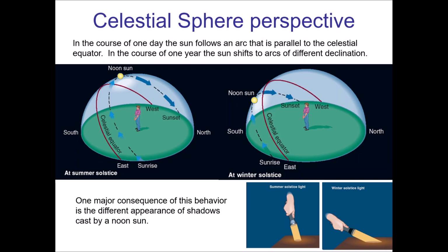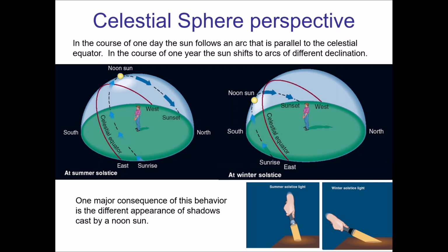Here is more of a celestial sphere perspective on what's happening here. So summer's on the left and winter's on the right. And again, you can see that because we're tilted toward the sun in the summertime, the sun will be further north of the celestial equator. So it will travel on an arc that is parallel to the celestial equator, but further up.